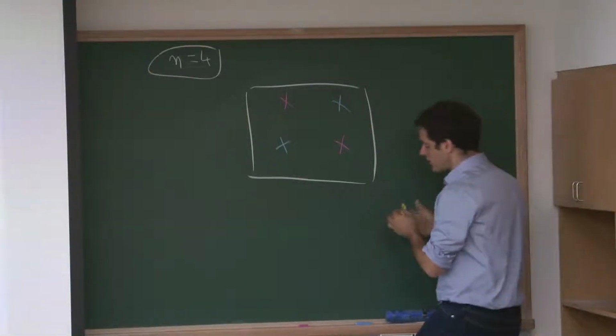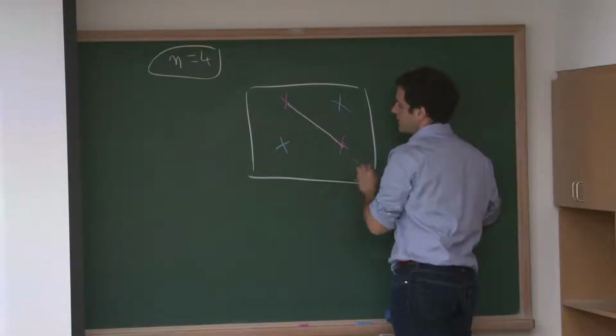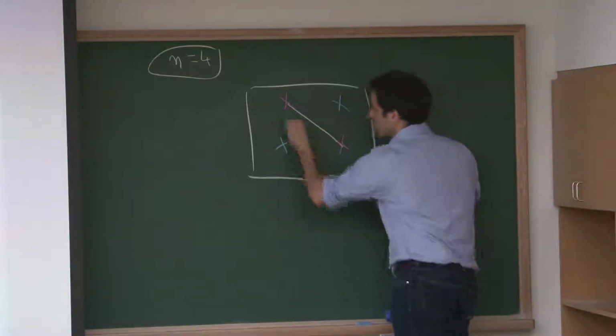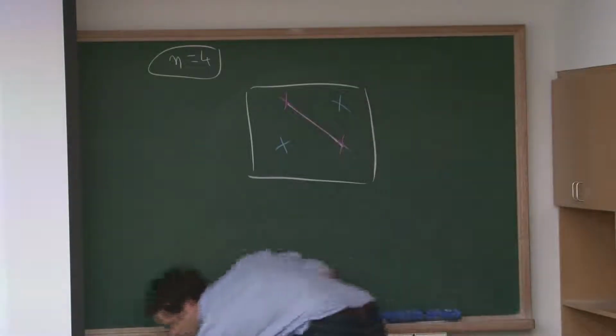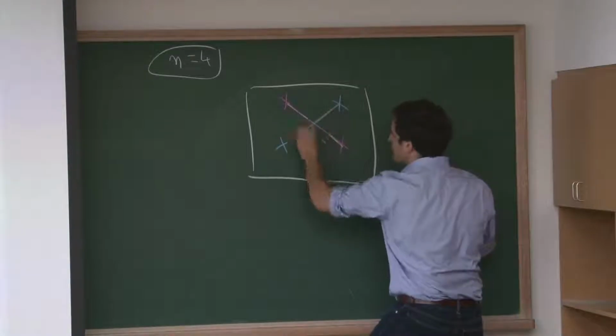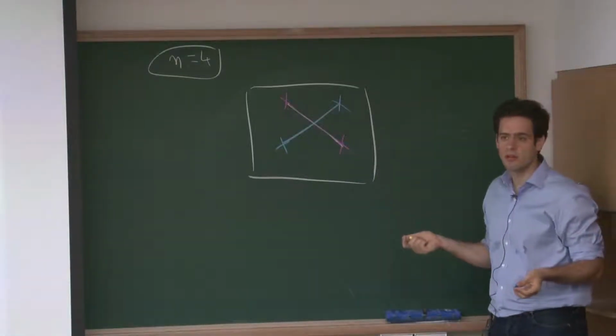So here you can very easily prove that the convex hull of these 2 points is this segment. The convex hull of these 2 points here is this segment, and their convex hulls intersect, so they are not linearly separable.